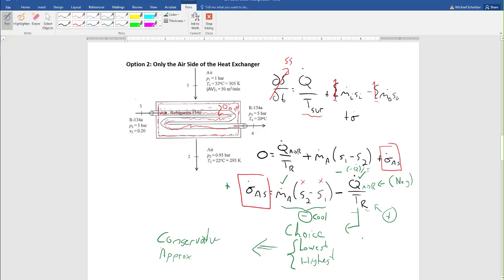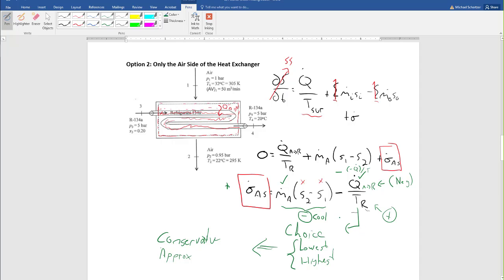Now, depending on which one of these I pick, I'm going to get a bigger number or a smaller number. To be conservative, I want the positive term to be as small as possible. Because if I pick the smallest possible positive term and I find out that this thing is possible, then that means it's possible even in the worst case that I could pick.